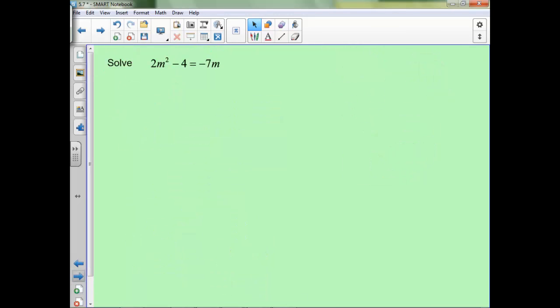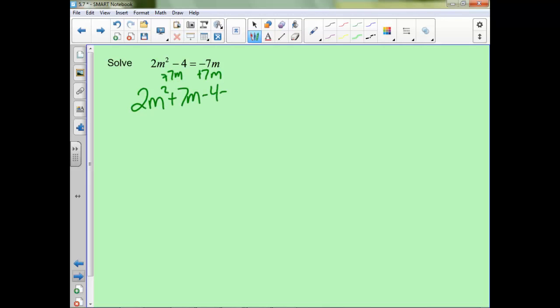So once again, let's go ahead and solve this using our quadratic formula. The first thing, though, we don't have an equal to 0, so we need to add our 7m to both sides. Our a is 2, our b is 7, our c is -4.